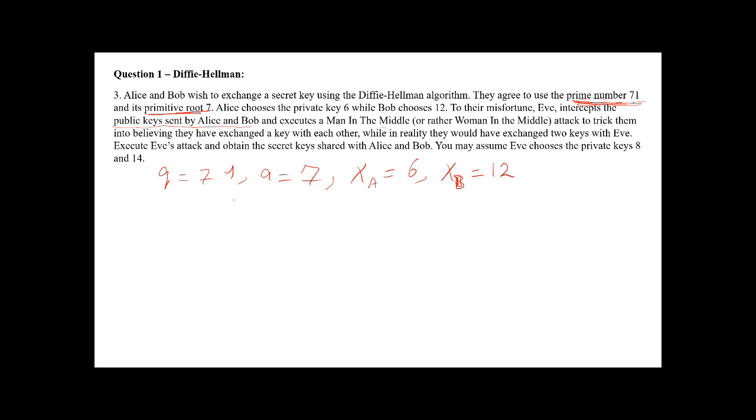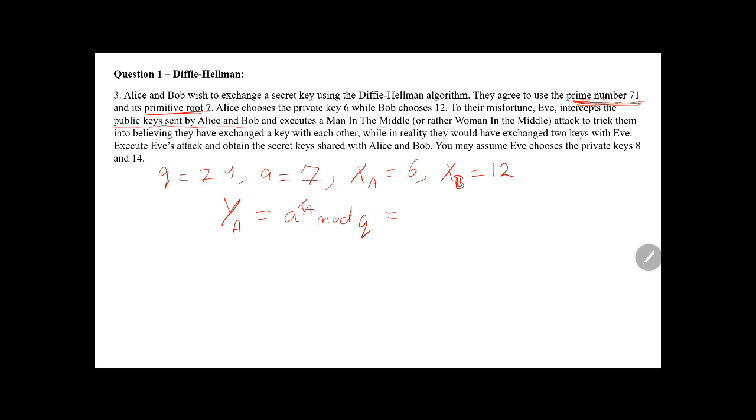To start by calculating Alice's public key: YA, which is Alice's public key, is equal to A, the primitive root, power Alice's private key XA, modulus Q, the prime number.